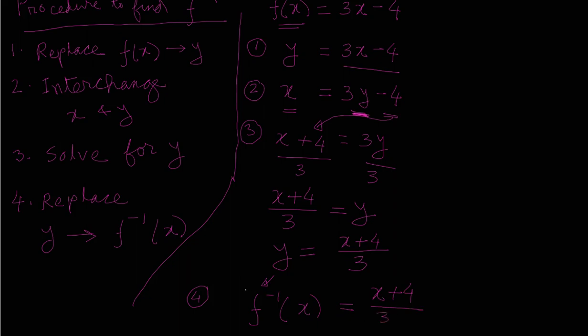So this is basically my inverse function for this original function f of x equals 3x minus 4. So that's how we basically find the inverse of any function.